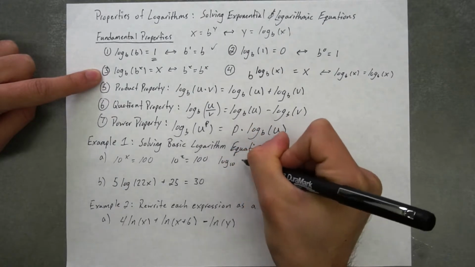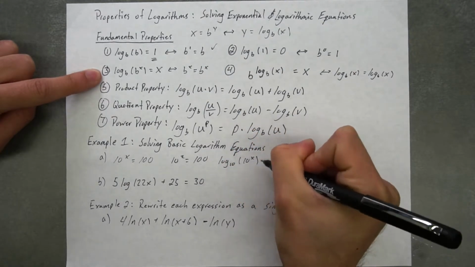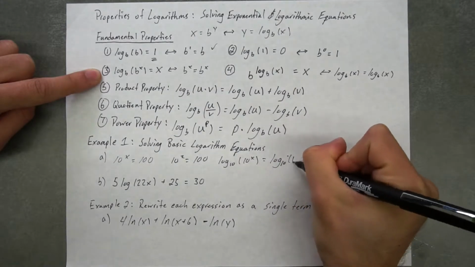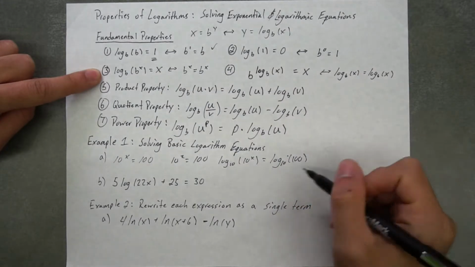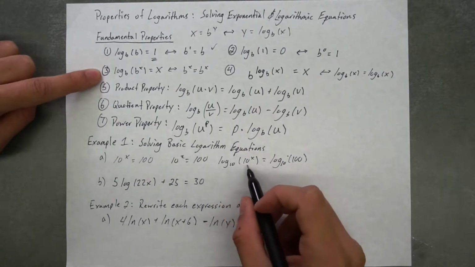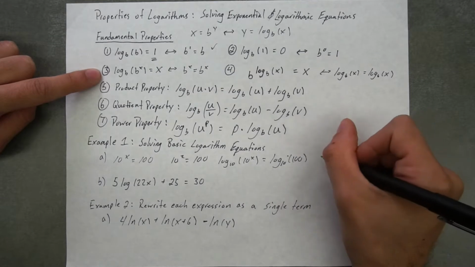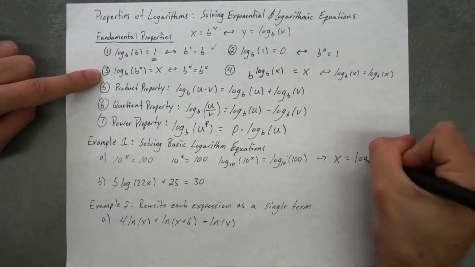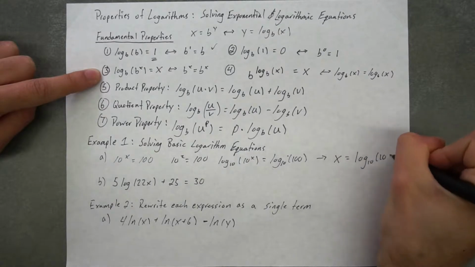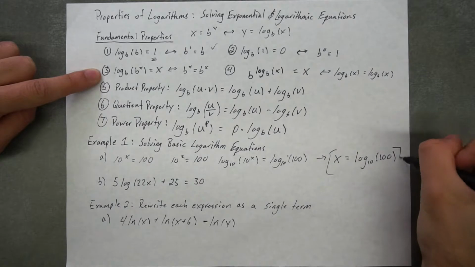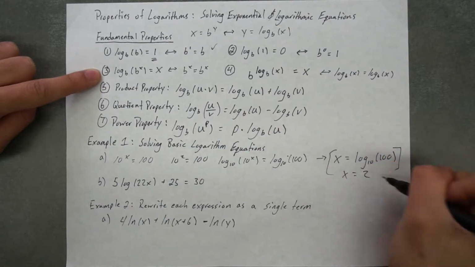Log base 10 of 10 to the power of x is equal to the log base 10 of 100. So using property 3, this becomes x is equal to the log base 10 of 100, and essentially this is just 2, so x is equal to 2.